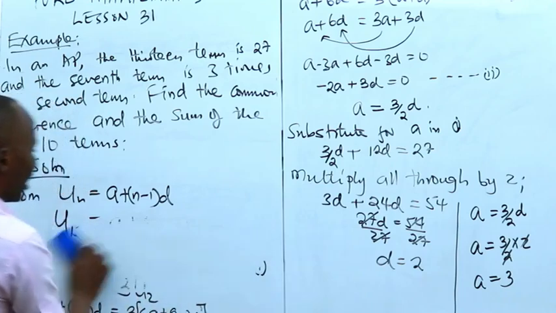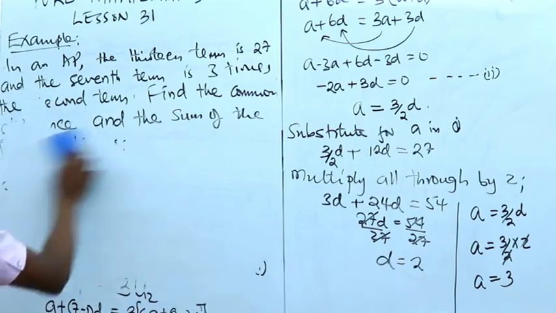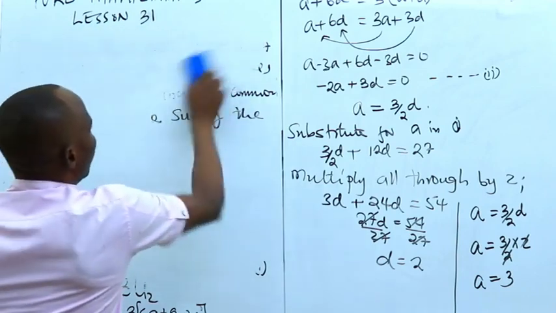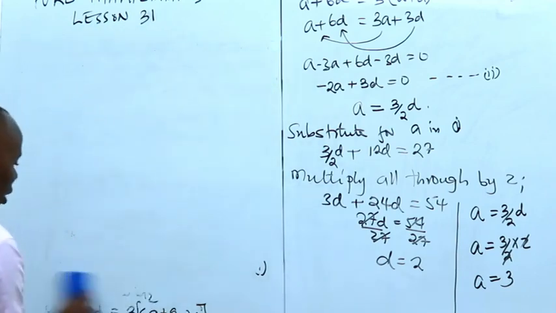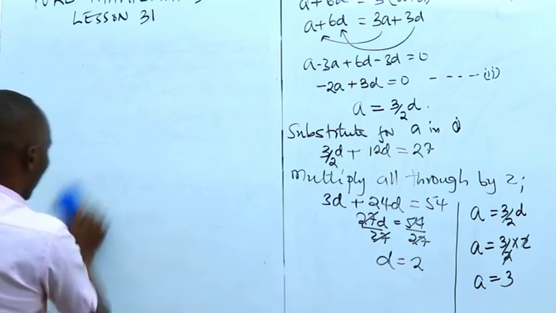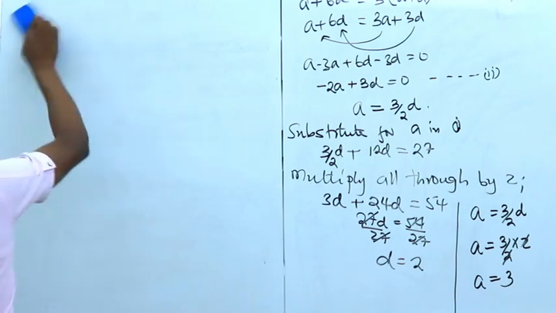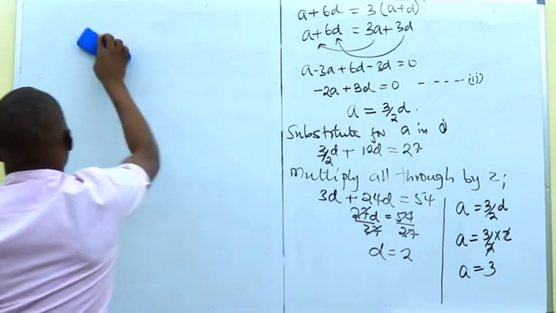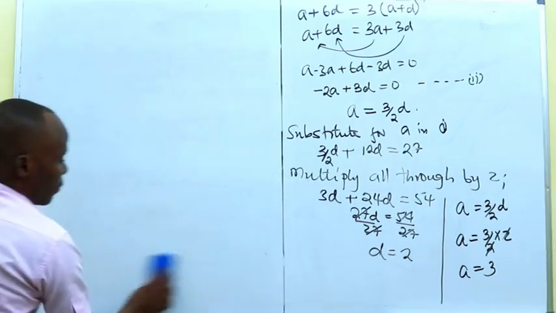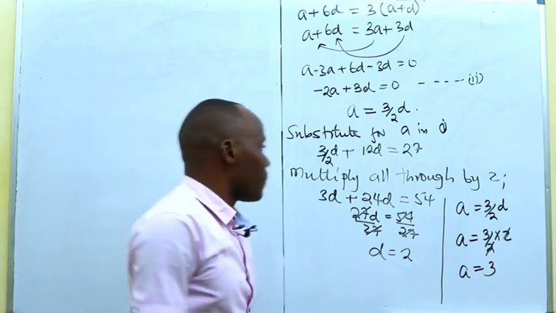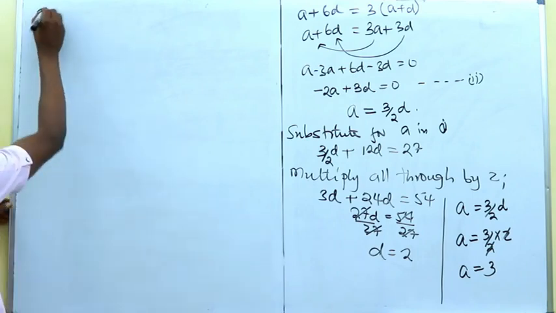So after getting that a, we can then calculate the sum of the first 10 terms. How?